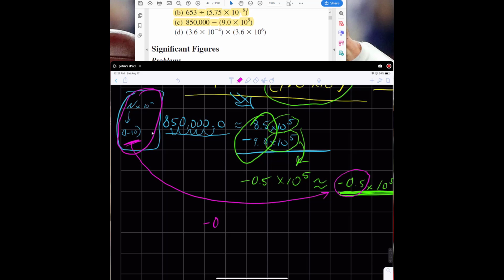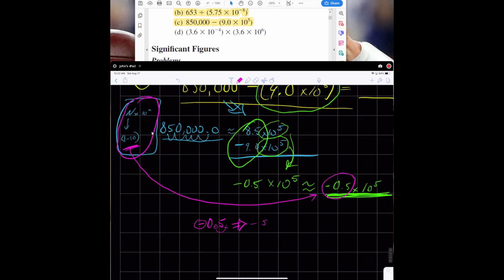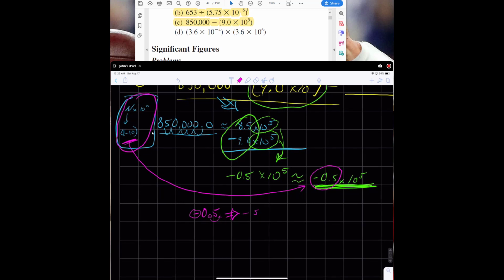Well, we're going to go from negative 0.5 to, we're going to move this decimal over to the right 1. So now it's going to become, and we're going to keep this negative sign, negative 5. Okay? And that's what we're going to do.